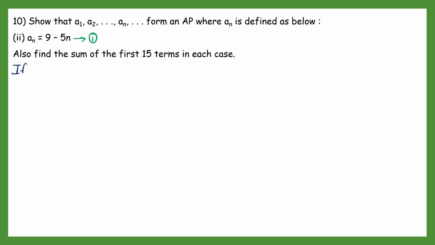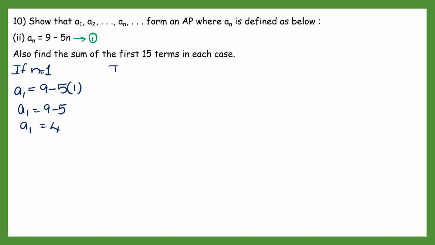If n is equal to 1, by substituting n is equal to 1 in the first equation, we get a1 is equal to 9 minus 5 into 1. So a1 is equal to 9 minus 5, that is 4. This is the first term a1.